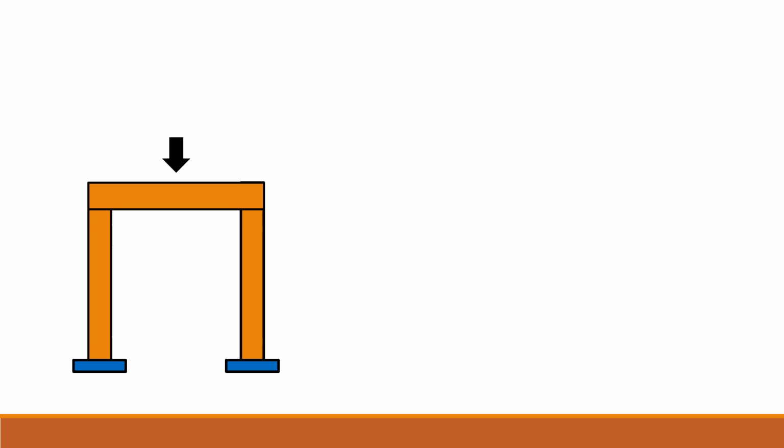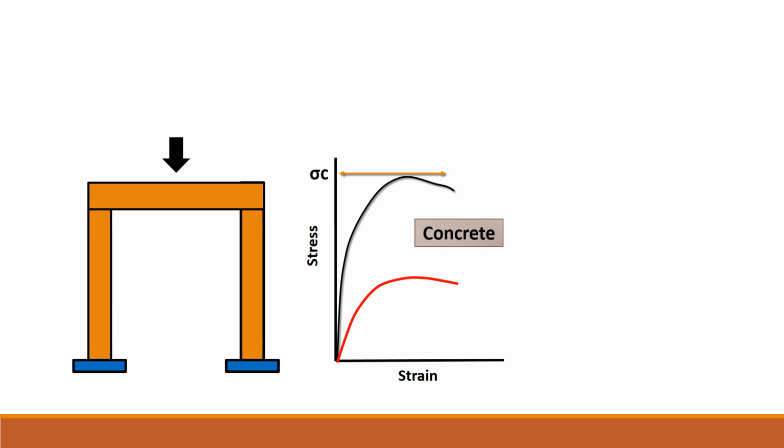Now, when it comes to the stress strain graph of concrete, for example, being a brittle material, what we come to observe is that there is a limitation to the strength of concrete. Now, the red line here would show the concrete with lesser grade, and the black line here would be showing the concrete with greater grade.